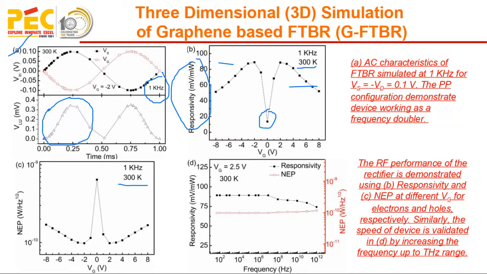As we increase the value of Vg, we are getting different values, and the maximum value we are getting is around 2.5 for the responsivity, because the output of the given rectifier is giving the better response around 2.5 volt at room temperature. Similarly, noise equivalent power is inversely proportional to the responsivity, so we are getting the minimum value at around 2.5.